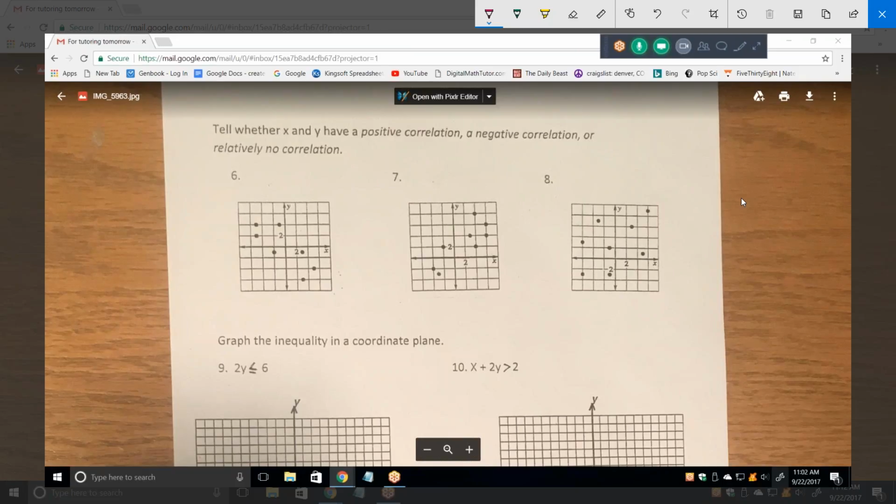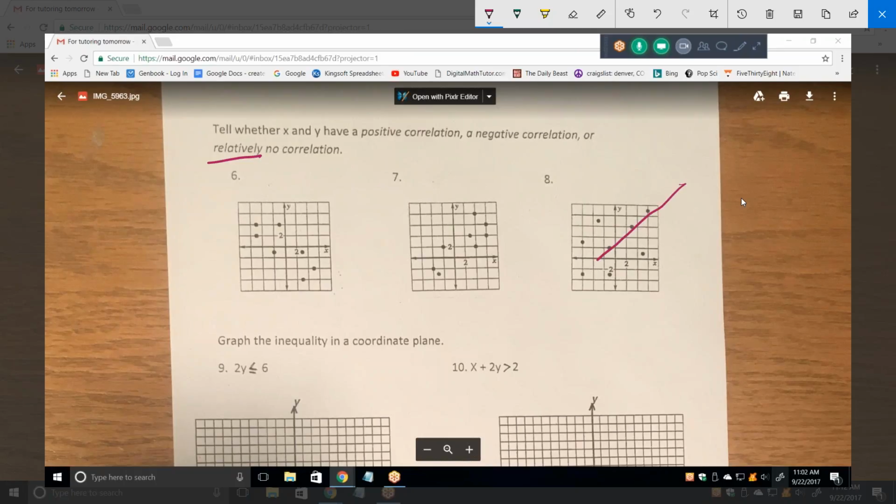We're really kind of talking about statistics here, and statistics is not pure math. It is a little bit subjective. Relatively is not a mathematical term. Relatively means approximately no correlation. It could have a little bit of correlation.